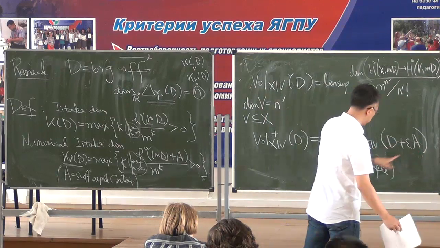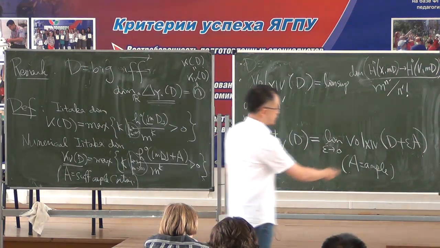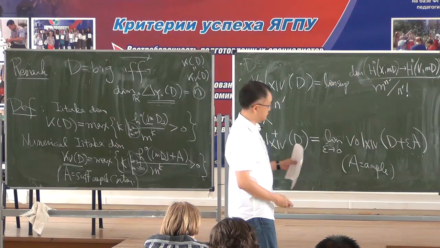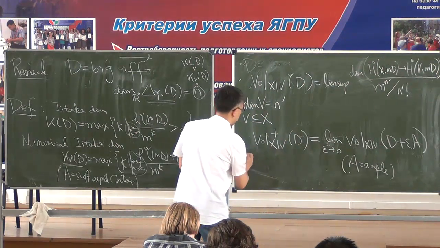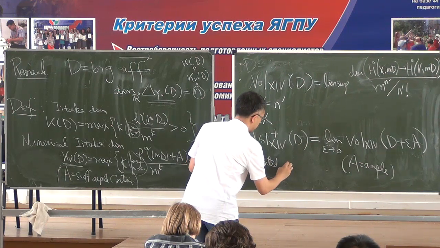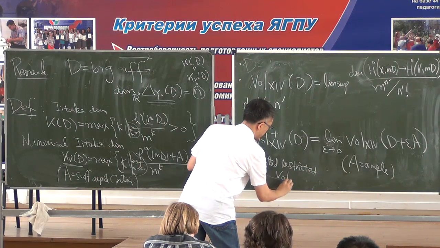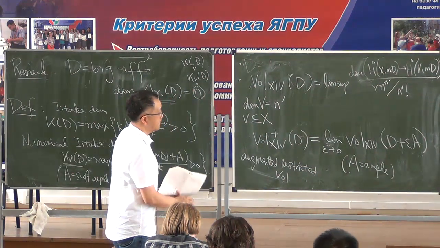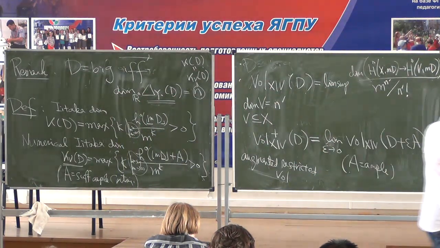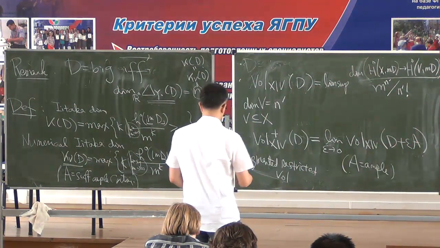And this is independent of the choice of ample divisor. You add a little bit of an ample divisor and take the limit. This is the augmented restricted volume. Actually, we didn't invent this in our paper; it already appeared previously.